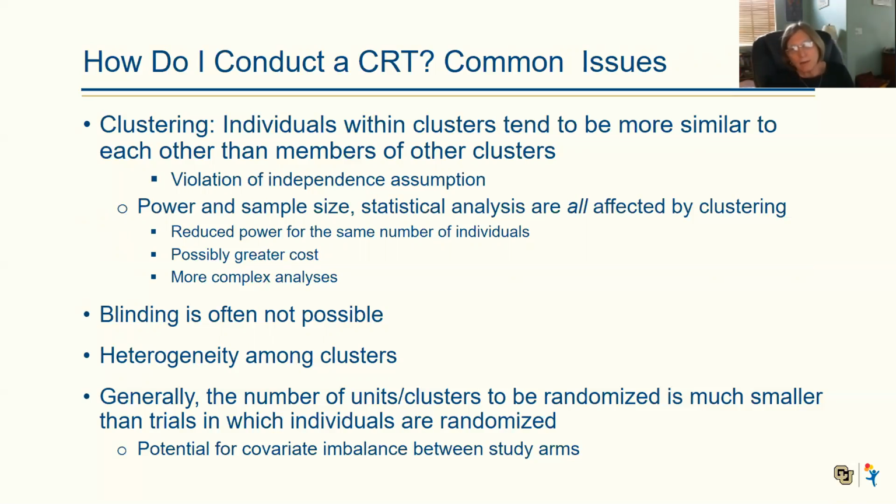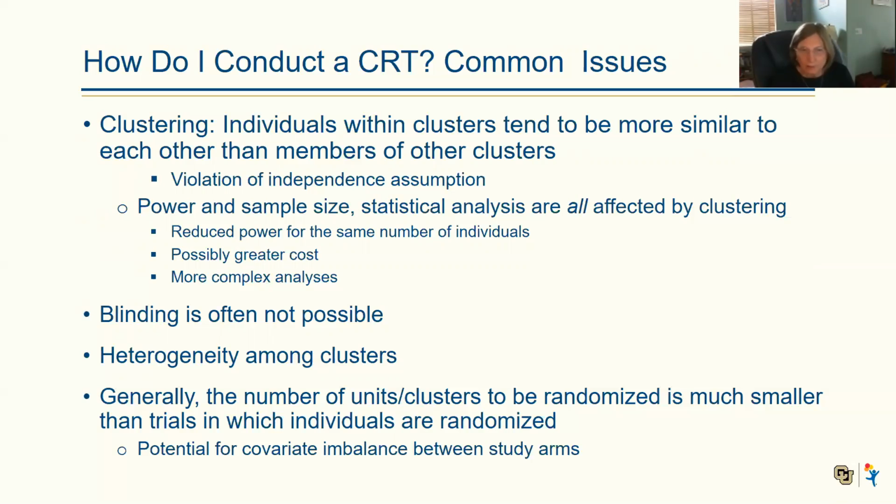So bottom line, you generally have reduced power for the same number of individuals, and that's dependent on the level of similarity of individuals within clusters compared to individuals in other clusters. It's possibly going to involve greater cost, but again, it's just another consideration that you'll have to factor in, and always involves more complex analyses.